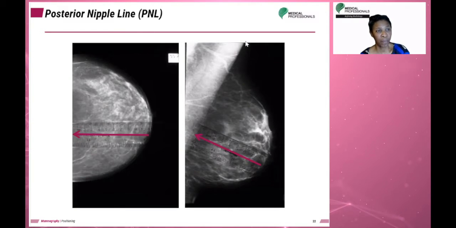If you image the breast and all you're getting is breast tissue and you're not getting any pec muscle above that, then you know you have not included the entire breast. If you have clipped a portion of the inframammary crease, then you know you have not included the entire breast.